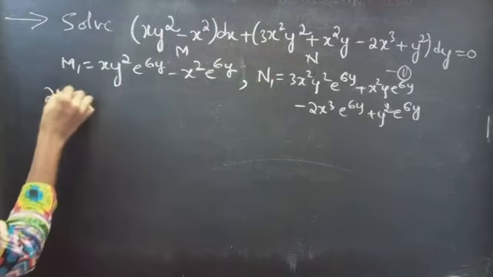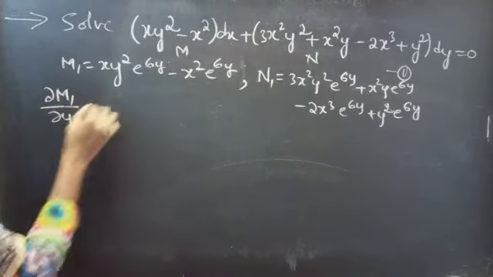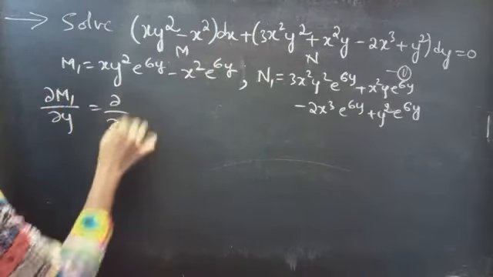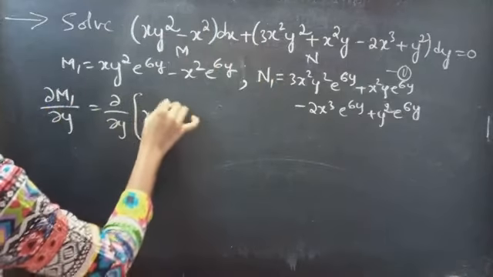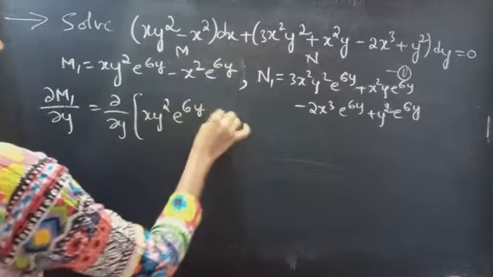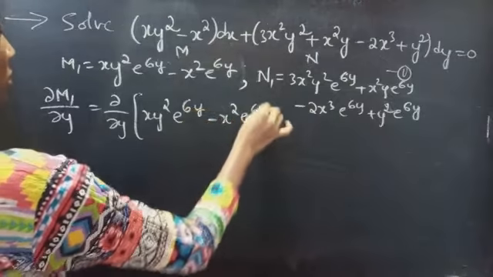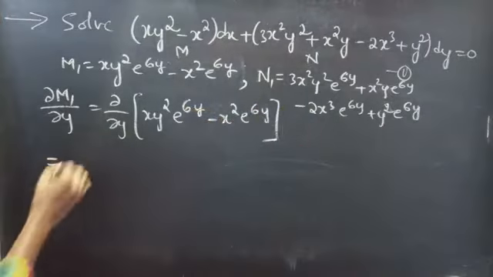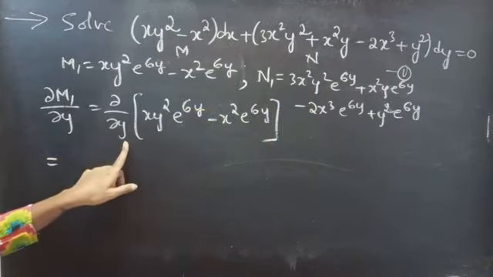Partial derivative of M1 with respect to y is dou by dou y of xy square e power 6y minus x square into e power 6y. Since we are doing partial derivative with respect to y, here x will be treated as constant.